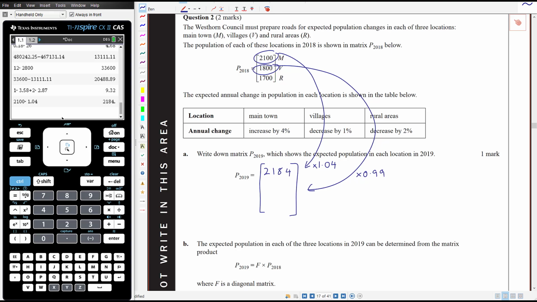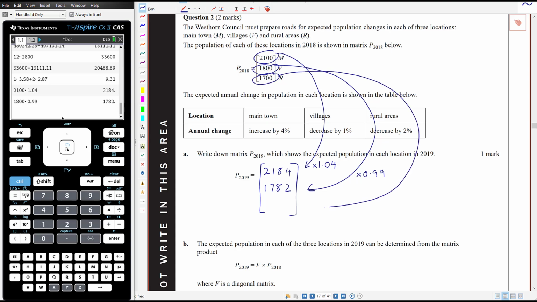So multiply by 0.99, so 1800 times 0.99 is going to be 1782. And the rural area population decreases by 2%. So again, we're not taking away anything, we're ending up with 98% of what we started with, so multiplying by 0.98. So 1700 times 0.98.